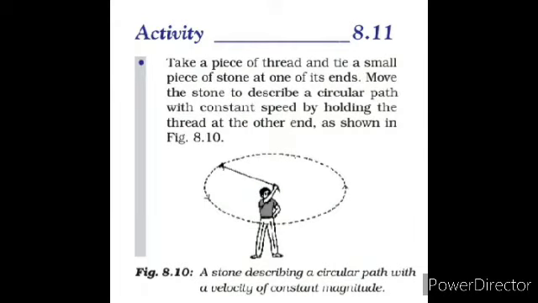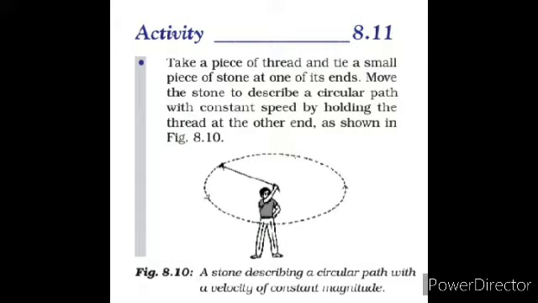We are going to have an activity. This activity you have done a lot of times in your childhood. You will be able to relate it very well with uniform circular motion. Okay, so let's begin with the activity. Take a piece of thread, tie a small stone onto one side of the thread.